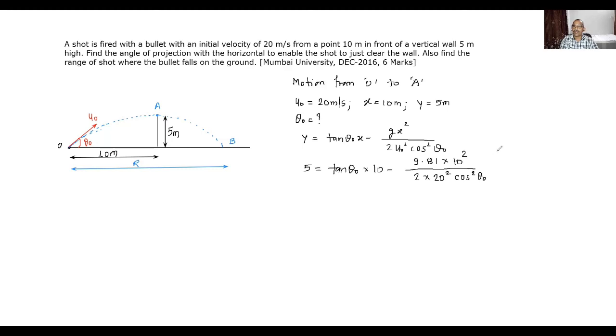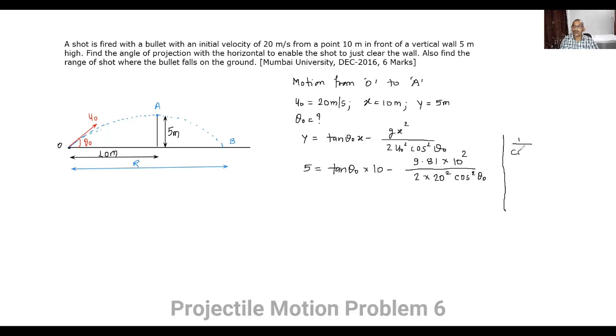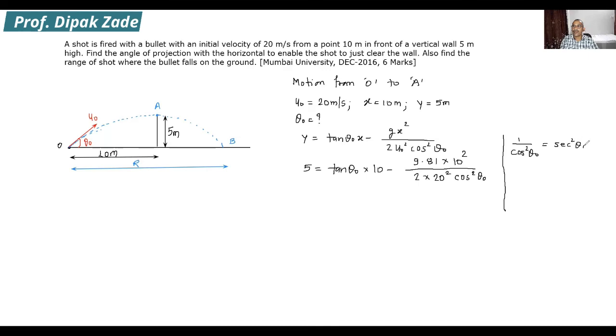To solve this, you form a quadratic equation in terms of tan theta 0. First, 1 upon cos square theta 0 is nothing but sec square theta 0, and sec square theta 0 is 1 plus tan square theta 0. That means you can find out this value.